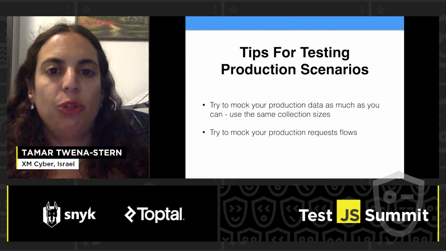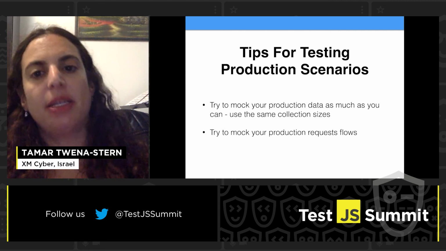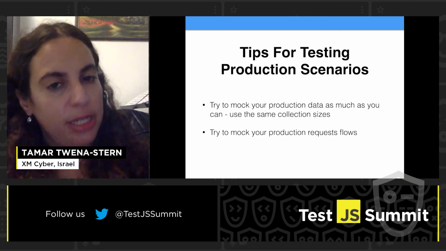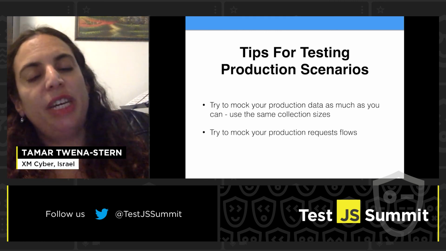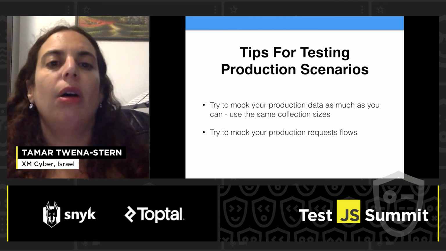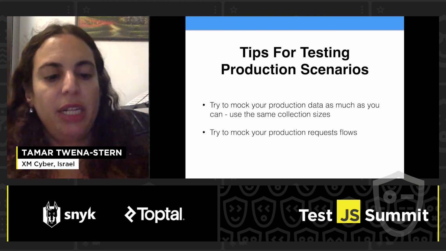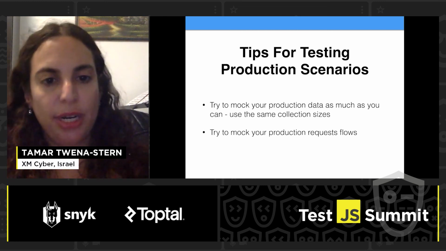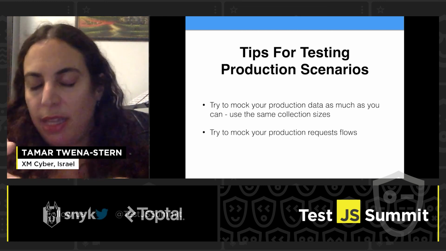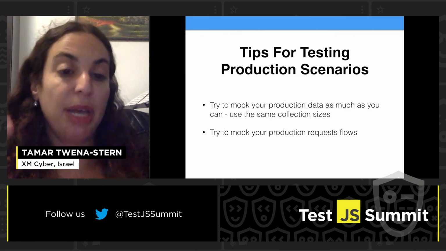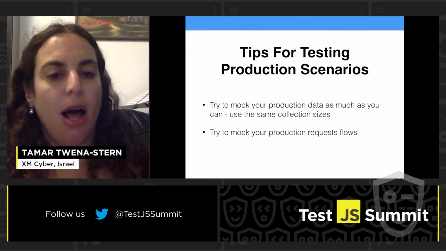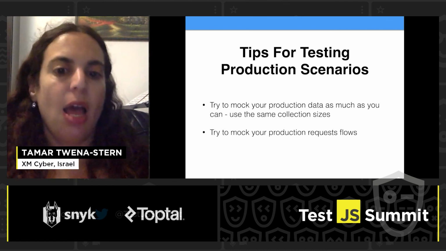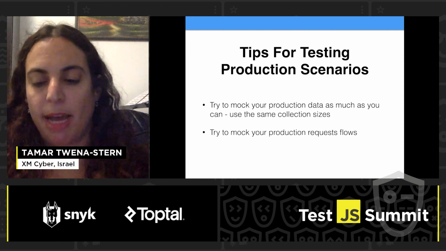Meaning that if a collection is of a specific size, make sure that your mock data is also the same size, that the fields in your tests are identical to the fields that appear in your database. And look at your production flows and try to mock them as much as you can.